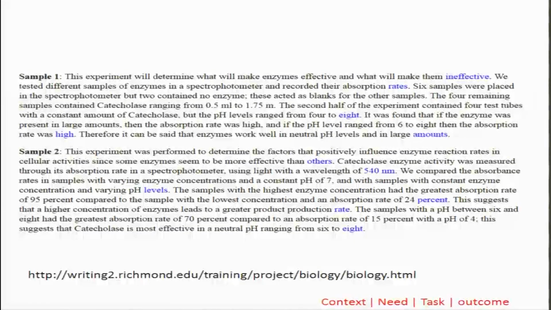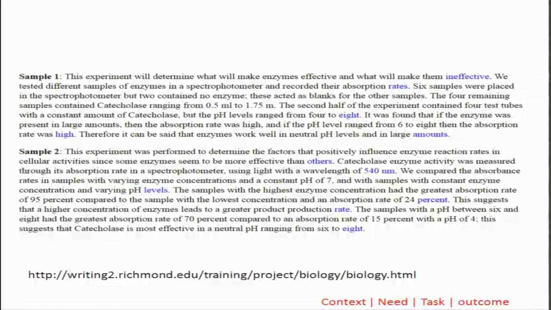So, they say what they want to do. Let us see what is written in the second sample. This experiment was performed to determine the factors that positively influence enzyme reaction rates in cellular activities, since some enzymes seem to be more effective than others. Now, it is very clear: you are talking about enzymes and their kinetics, and what factors influence them.